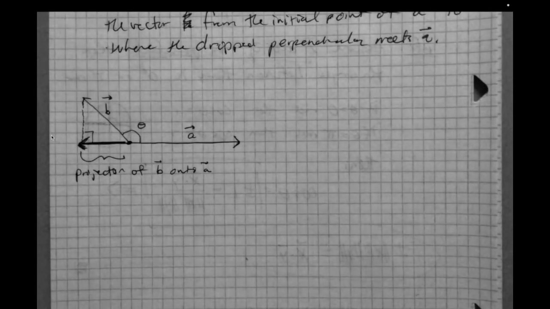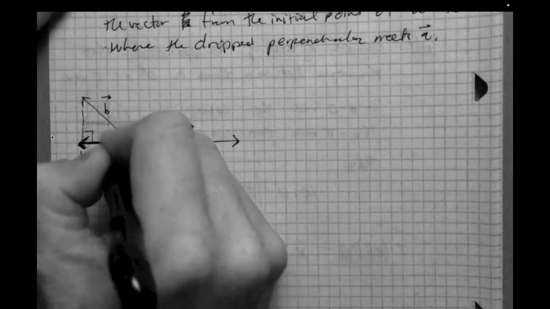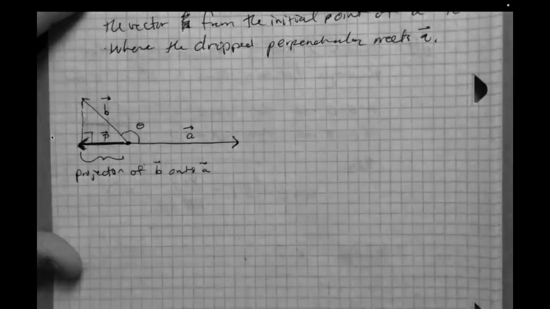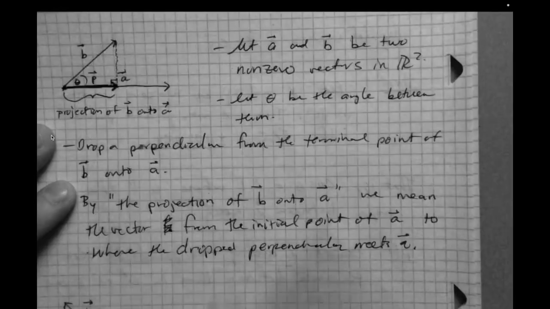So by using trigonometry, you can pretty easily see that when theta is between 0 and pi over 2, the vector P, and we'll call this P for now. We'll have a more elaborate name for it in a moment. P for projection. Right, in this case of an obtuse angle, this is P for projection.